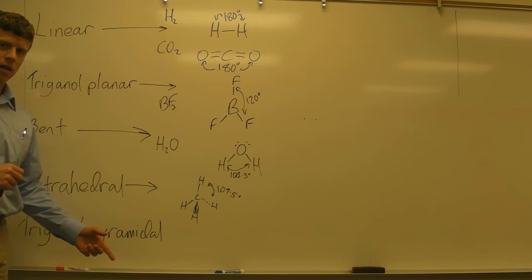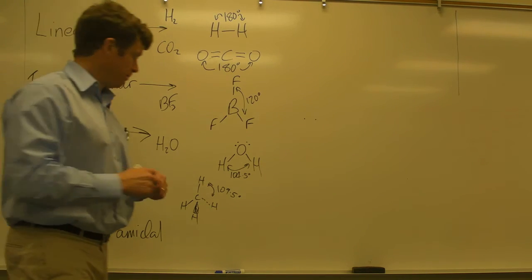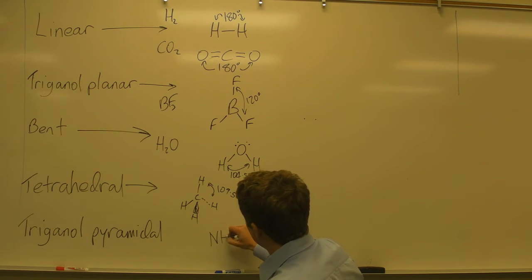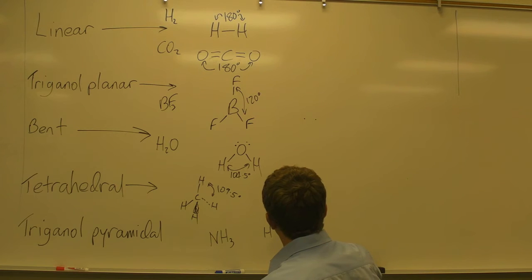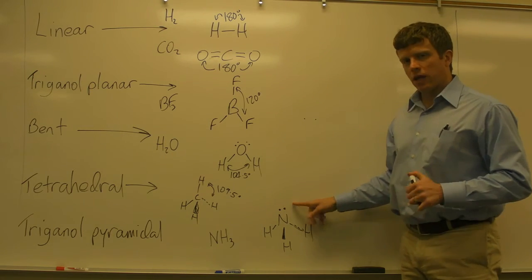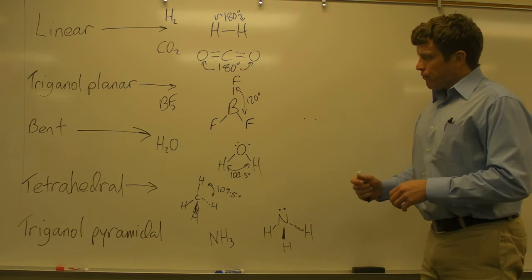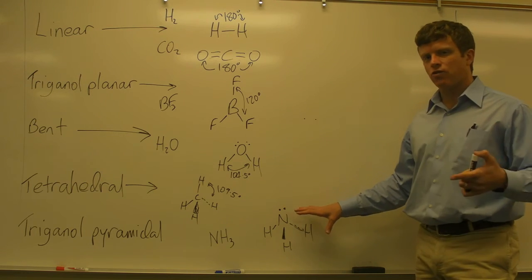Trigonal pyramidal is a bit more common than this one, but the best example of that is ammonia. Ammonia is NH3. So this has one lone pair of electrons, and it has 3 bonded pairs of electrons. This is kind of similar to a tetrahedral shape.